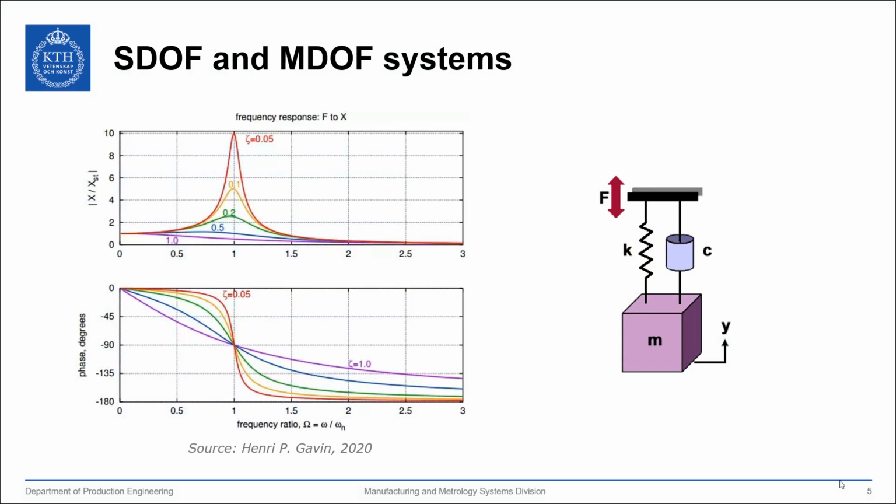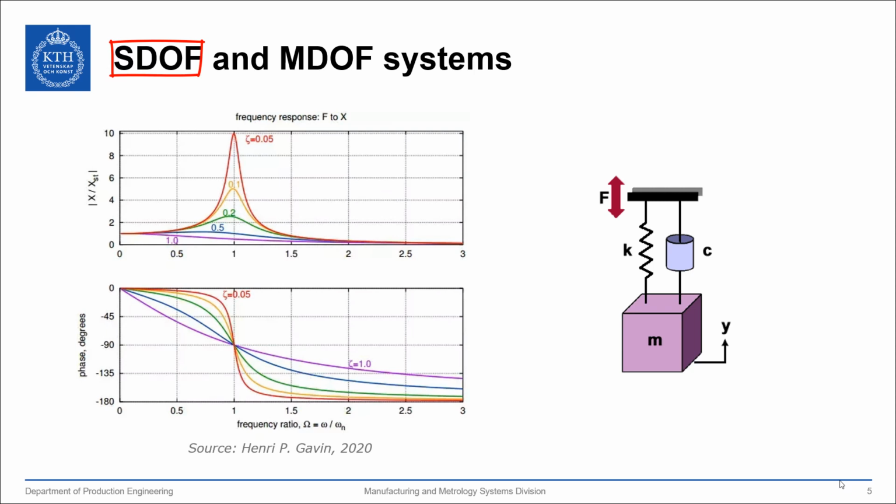These linear systems can be single degree of freedom systems and multiple degree of freedom systems. Single degree of freedom systems are those whose dynamic response can be described by specifying the displacement along only one coordinate. Single degree of freedom systems are an idealization of the mechanical systems.